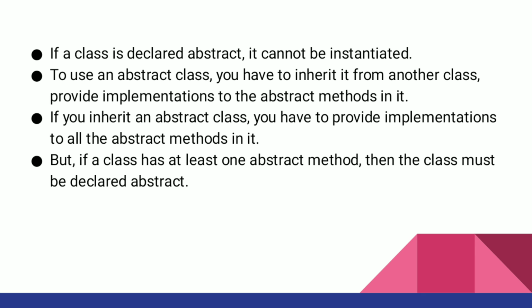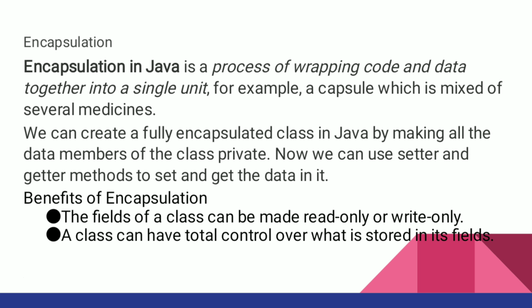To use an abstract class, you have to inherit it from another class and provide implementation to the abstract methods in it. If you inherit an abstract class, you have to provide implementation to all the abstract methods in it. But if a class has at least one abstract method, then the class must be declared abstract.